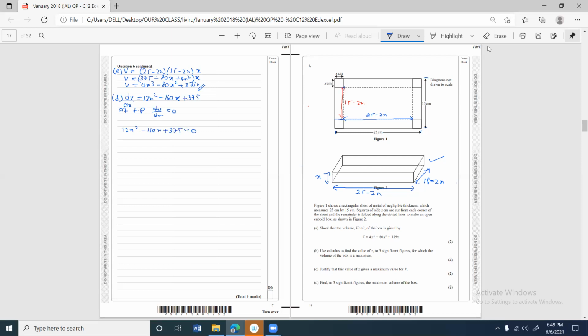At a turning point, dV by dx equals 0. So 12x squared minus 160x plus 375 equals 0. So x equals minus b, which is 160, plus or minus the square root of minus 160 squared minus 4ac, where a is 12 and c is 375, divided by 2a, which is 2 times 12.